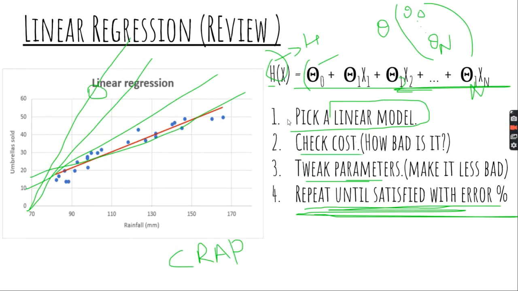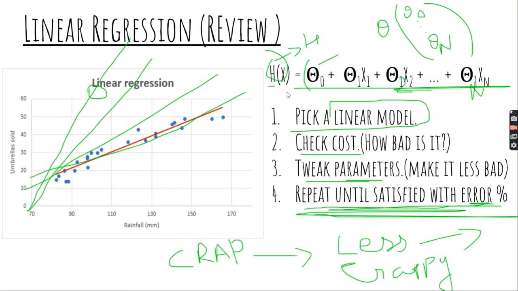The cost, I'll come to that later. The cost essentially tells you how bad it is. So we start from a crappy model, and then we go to a less crappy model. After 10, 15 iterations, whatever, when we are satisfied with the error percentage, we stop this process. Needless to say, this is an iterative process. It has to go on again and again.